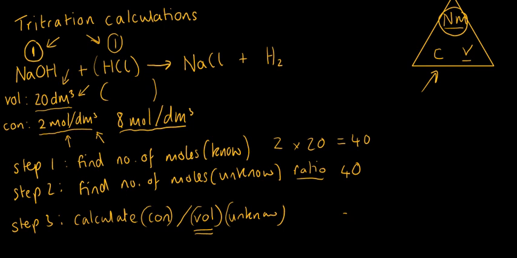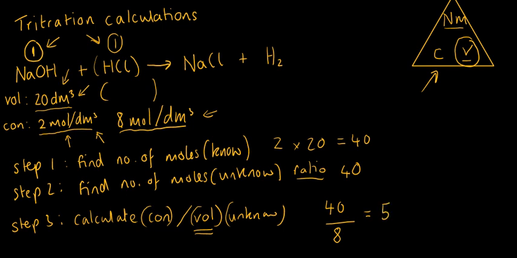Looking at my equation, the volume is number of moles divided by concentration. My number of moles is 40 and my concentration here is 8, and 40 divided by 8 gives me 5.